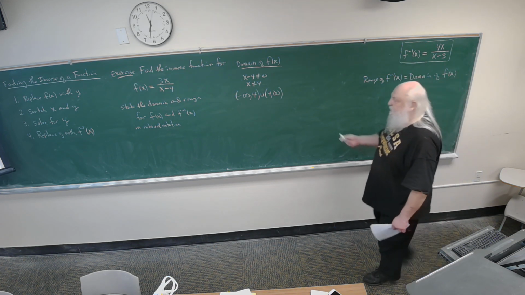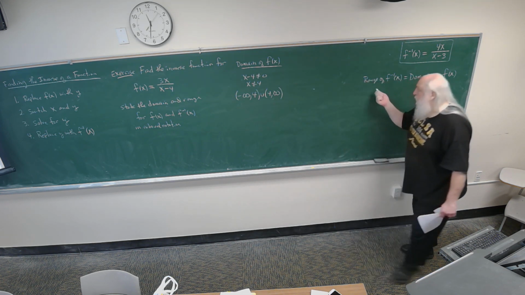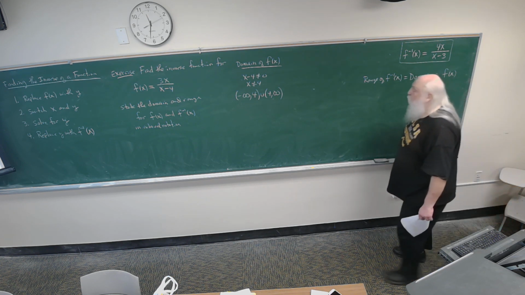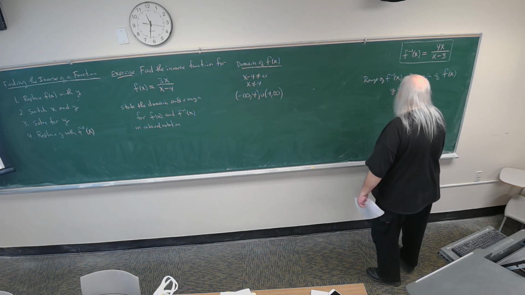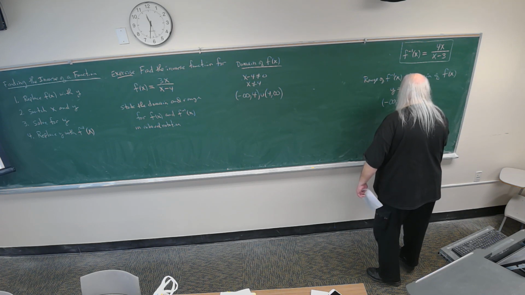It's the same set of numbers, but it applies to the variable y. The range applies to the variable y. So in the range of f inverse, y can't equal 4. So we have minus infinity to 4 union 4 to infinity.